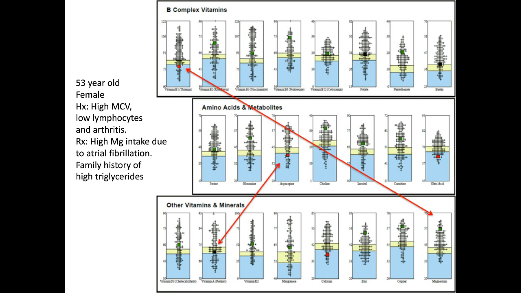So you might say, if it's going to help both and I have a diabetic who also has cardiovascular disease, I'm just going to put them on a high dose of magnesium. Well, you can see here that this was actually done: this particular individual started taking high dosages of magnesium because they had a history of atrial fibrillation.